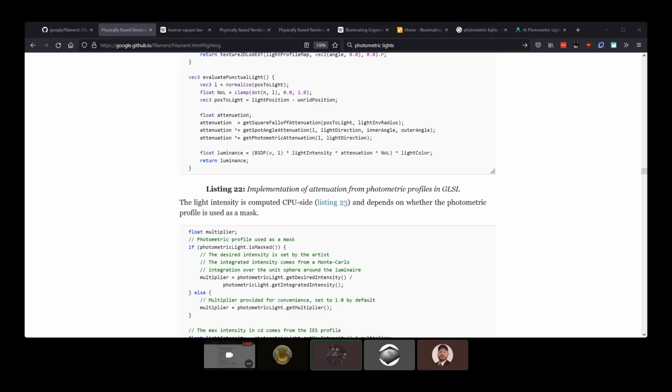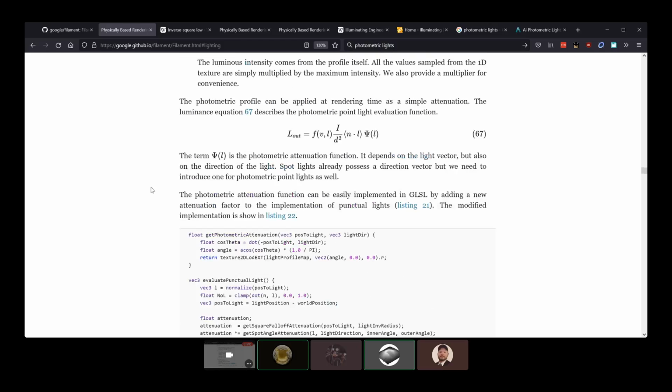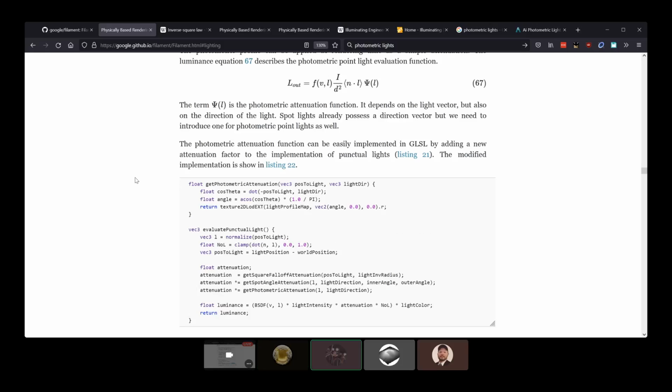I feel like that would make it a lot more complicated, but I think this is a good approximation. That actually makes a lot of sense to do in terms of a one-dimensional texture, because it's radial in nature. Oh, you can see it right there. Get photometric attenuation. Vector 2D LOD.